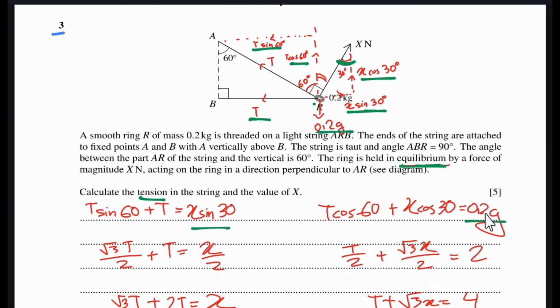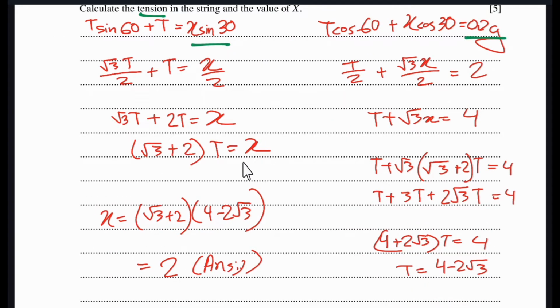After equating, this is our first expression and this is our second expression. Then we solve these simultaneously to find the value of x, that is 2, and the value of t, that is 4 minus 2 root 3. We must include the unit: t is also a force, so Newton, and x is also a force, so its unit is Newton. So x is 2 Newton and t is 4 minus 2 root 3 Newton.